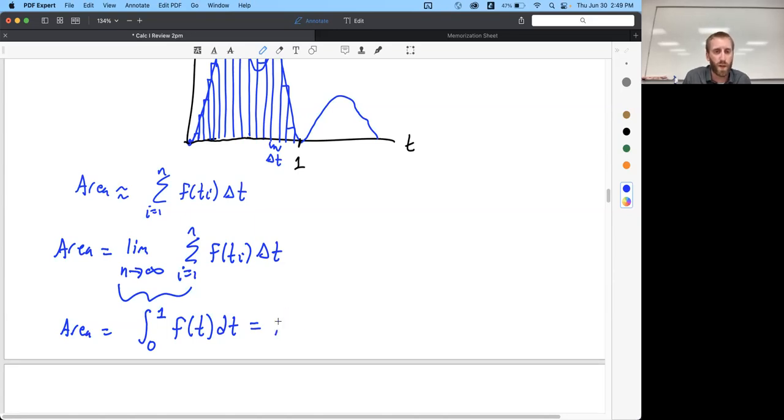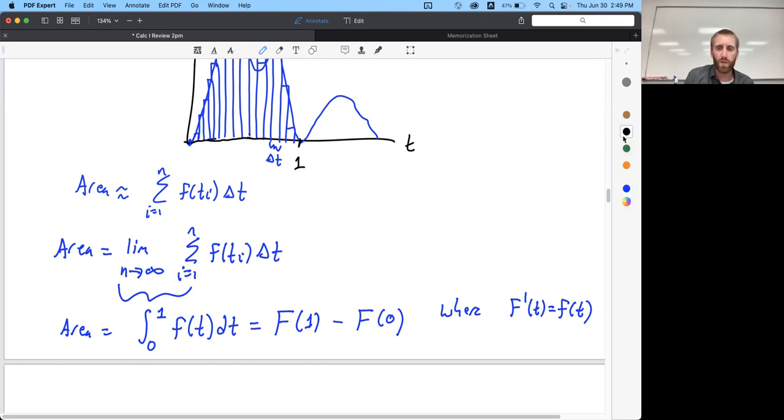Turns out that this is equal to capital F of 1 minus capital F of 0, where the derivative of capital F is equal to lowercase f. Or in other words, capital F is the antiderivative of your original function lowercase f.